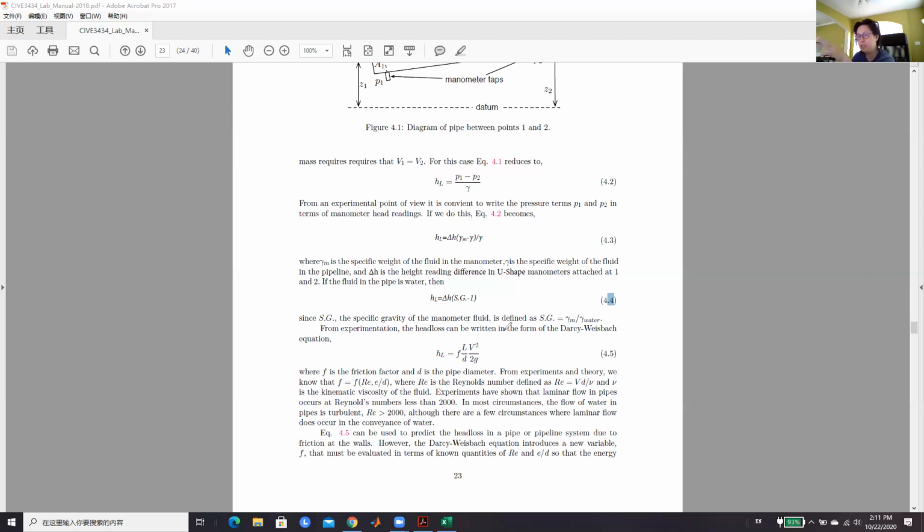discharge of the pipe, the flow rate of the pipe, correct? We have our weighing tank, okay? We use the stopwatch to count 40 seconds, 50 seconds, 1 minute. So we weigh the water in the tank, and we convert the weight of the water into the volume of the water and divide it by time. So that's the flow rate in the pipe.